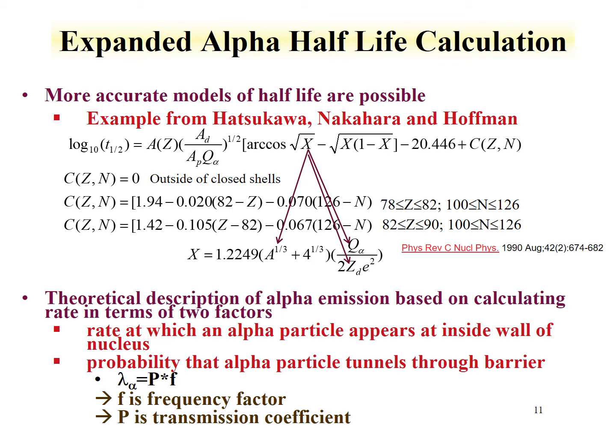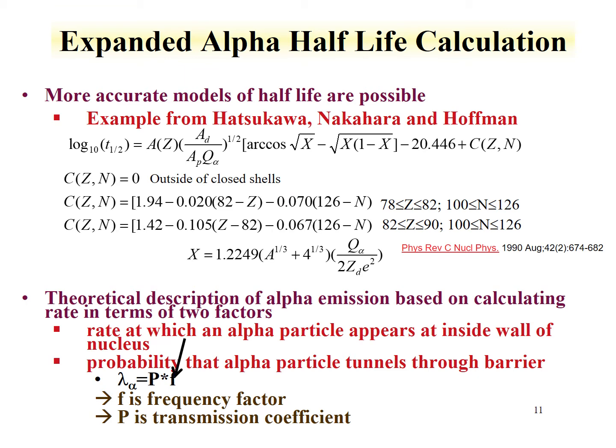So one theoretical description that can be used to try to universalize how alpha decay occurs is trying to break up the alpha decay into two factors. One factor is the rate at which an alpha particle appears inside the nucleus. In other words, in order for the alpha particle to escape the nucleus, it has to be there in the first place. We can call that factor the frequency factor.